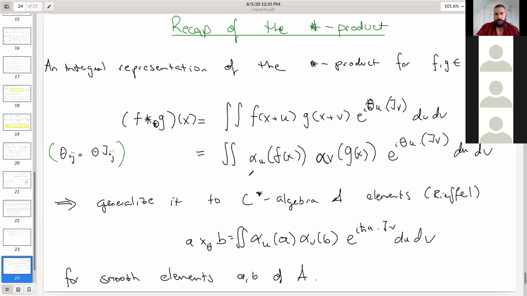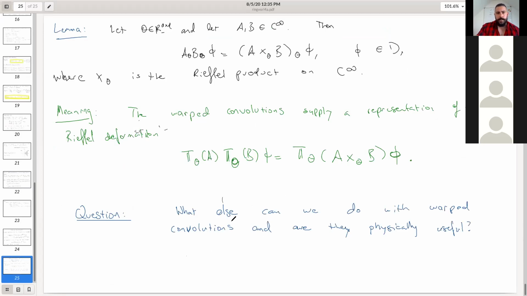And now instead of taking functions of the algebra, you just take elements of the algebra itself, C-star algebra elements, and then you define a corresponding norm for it, and so on. And the point is that, if theta is a skew-symmetric matrix again, and you do a warp convolution of A, you do a warp convolution of B, and you multiply those two, it is equal to the deformation or the Rieffel product of A and B, and this whole thing warp convoluted.